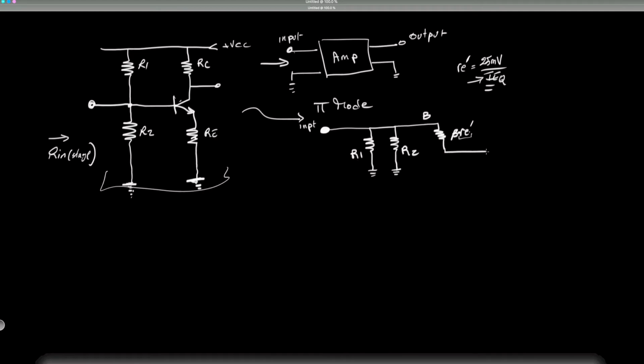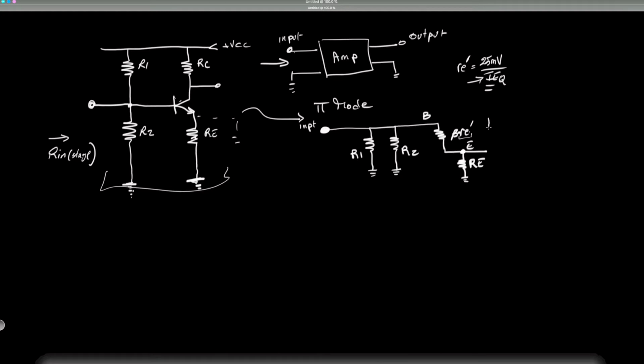But at the emitter, we're lifted from the ground with a resistance RE to ground. So that's the major difference between this circuit versus, let's say, a circuit that has a capacitor here. If we had a capacitor here, then the emitter would be at ground. But that is not the case.